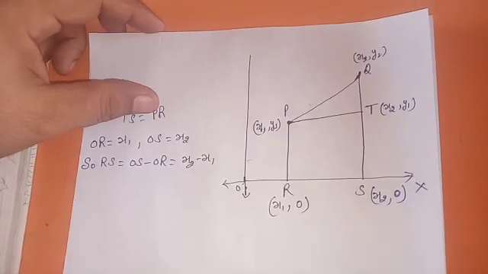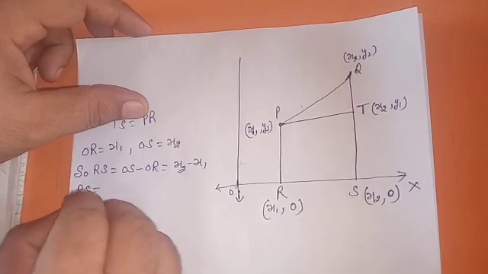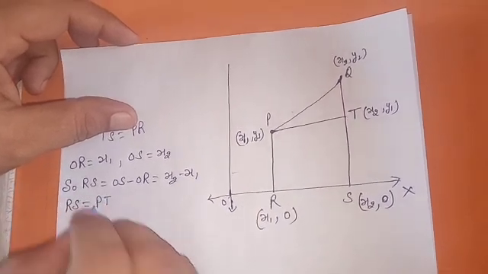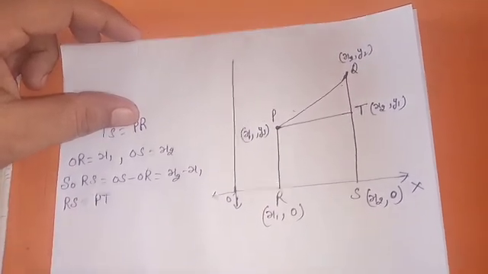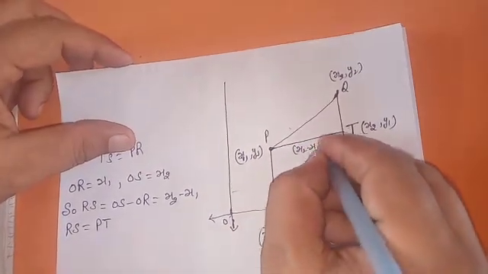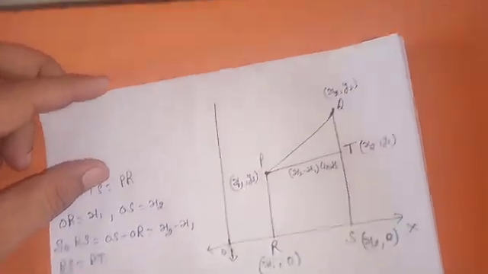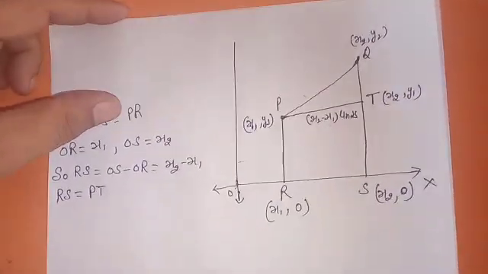Understood? And this RS is equal to PT. So this is also x2 minus x1 units.